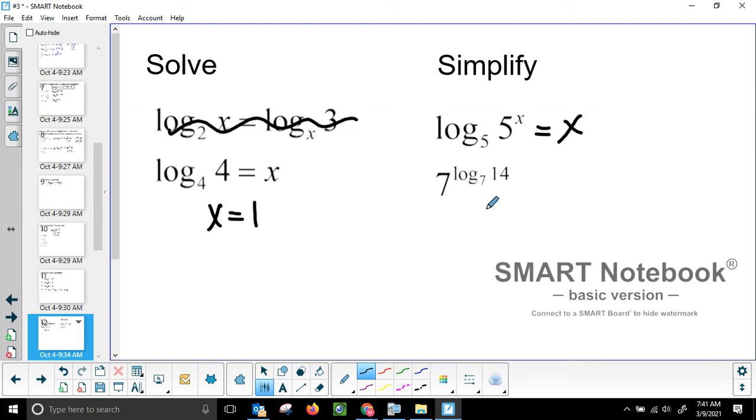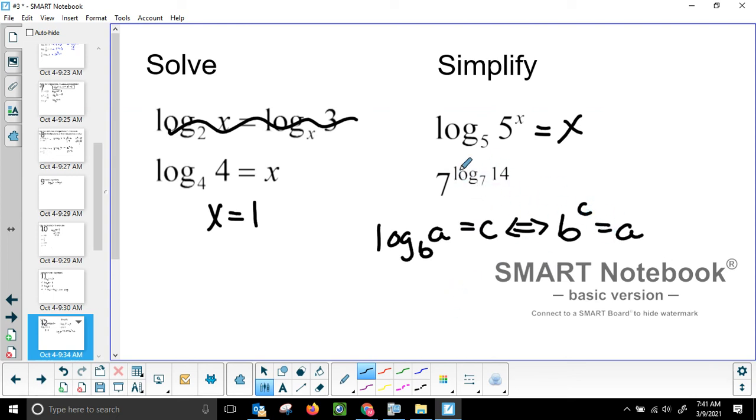All right, and 7 to the log base 7 power equals 14. Well, let's go ahead and put this back in logarithmic form, right? This is actually exponential form. So if we have our definition of logarithm, log base b of a is equal to c, if and only if b to the c equals a. Even though there's a log in it, it's part of the exponent.